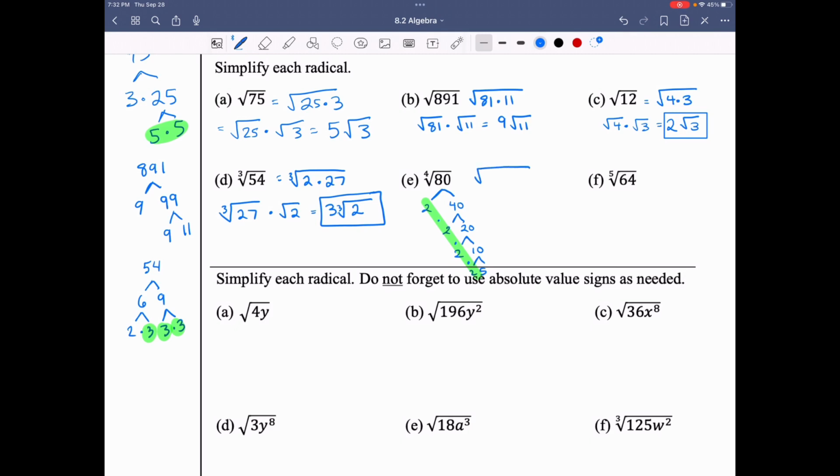So 80 is 5 times 16, or 16 times 5. I'm just going to change the order of that since I wrote it in the wrong order for it to work. We're going to take the fourth root of 16 times the fourth root of 5. So the fourth root of 16 is 2, and we have 2 fourth roots of 5 as our answer.